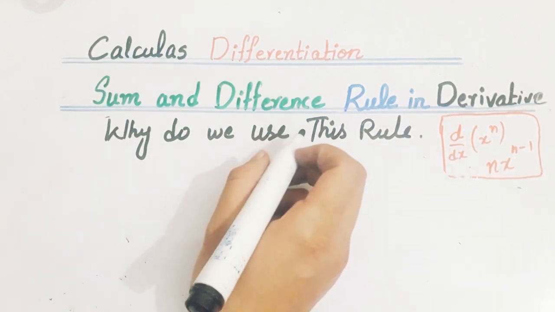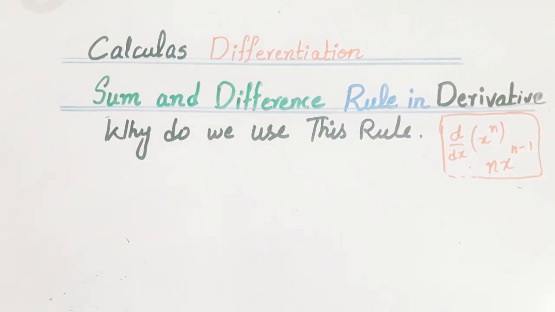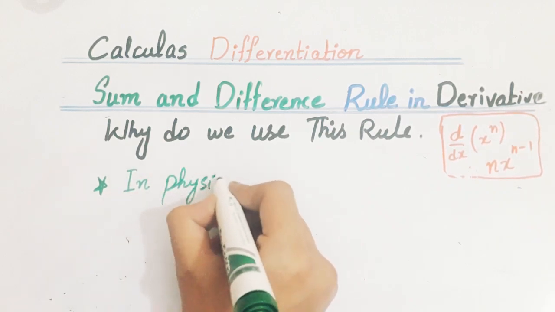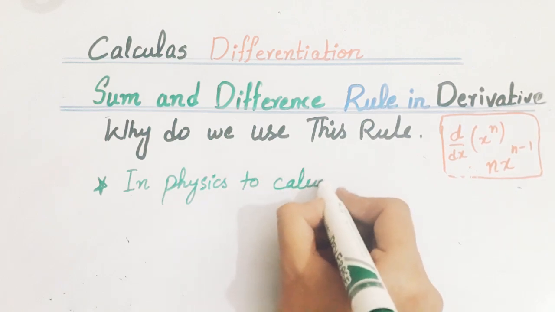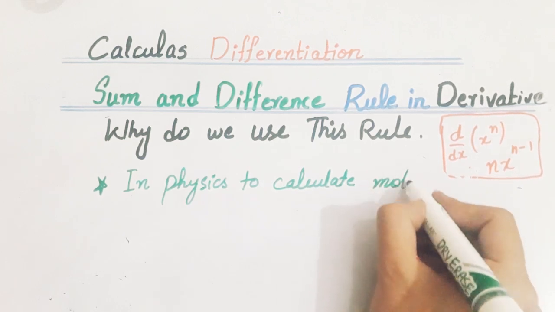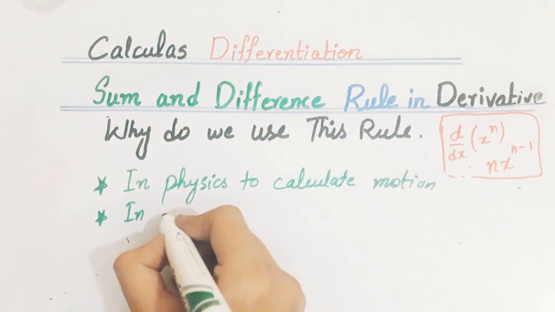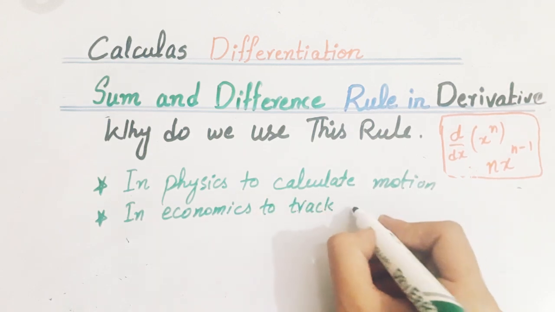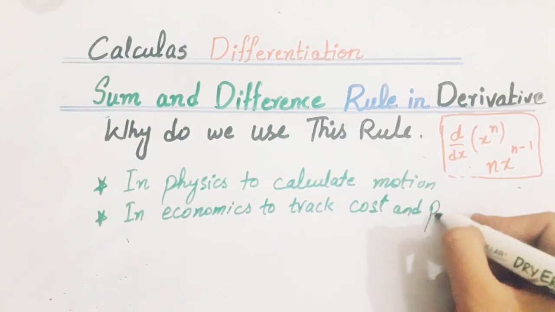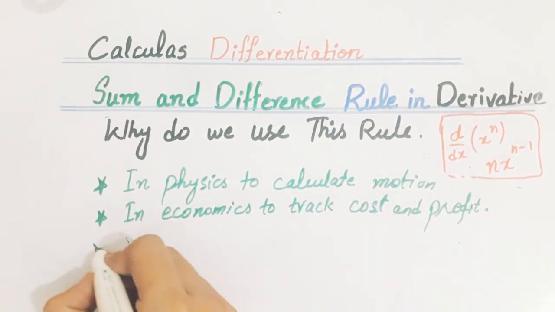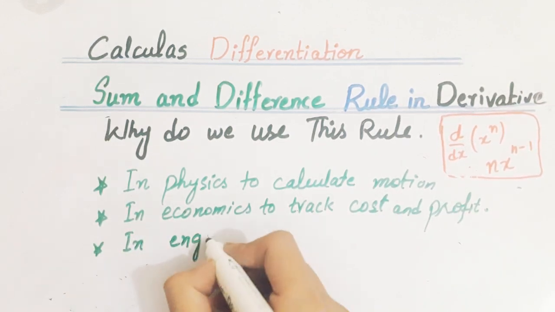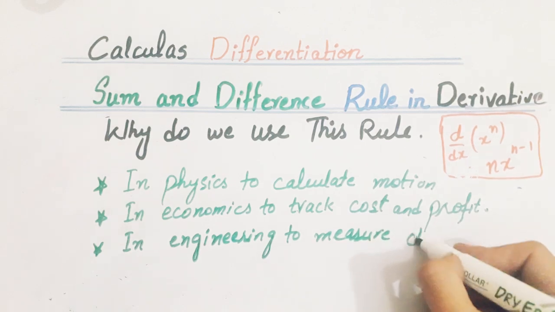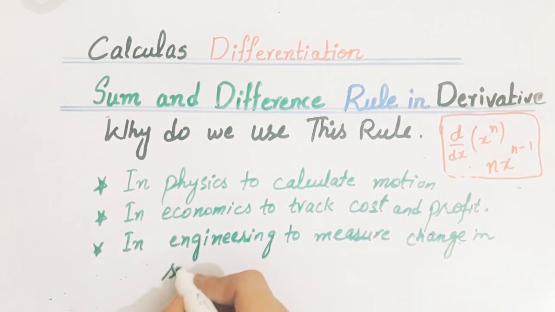We will use the sum and difference rule a lot in calculus and mostly in physics, to calculate motion, in economics to track cost and profit, and in engineering to measure change in systems.